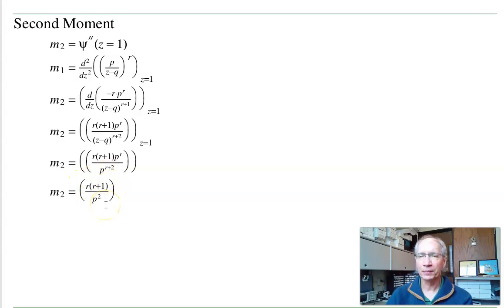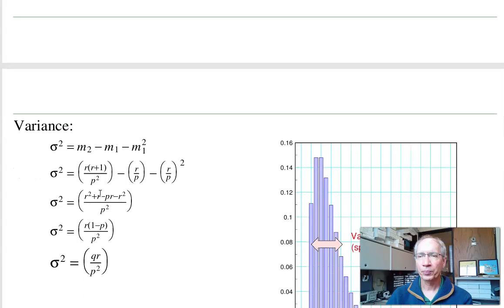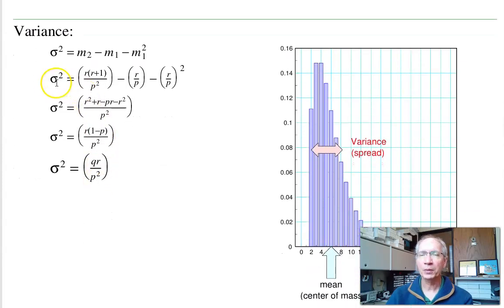Here's the second moment. Then the variance is the second moment minus the first moment squared. Plugging it in, I wind up with QR over P squared, which isn't surprising. For a single geometric distribution, it's Q over P squared. For R of them, it's R times Q over P squared. Surprise, surprise. Again, the variance measures the spread.